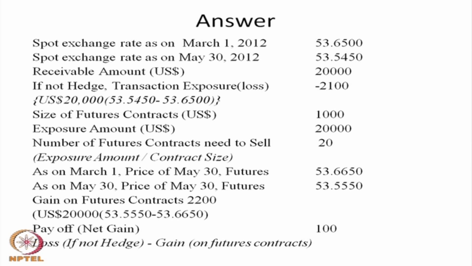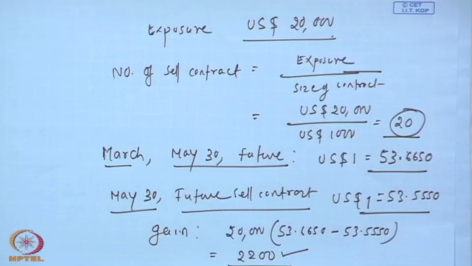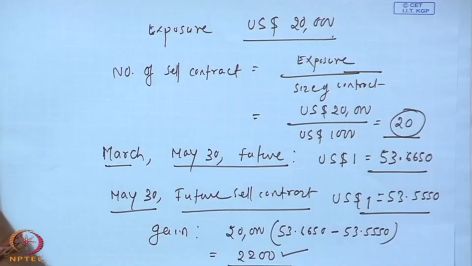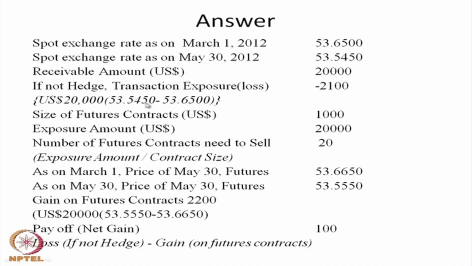So, the problem we discussed, I have analyzed here in the calculation process. Spot exchange rate on March 1st is 53.65; spot exchange rate on May 30th, when he receives the dollars, is 53.5450. The receivable amount is $20,000.